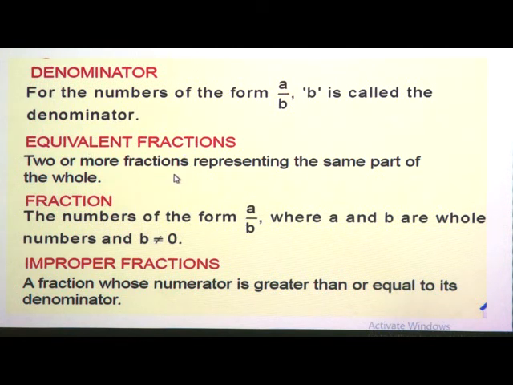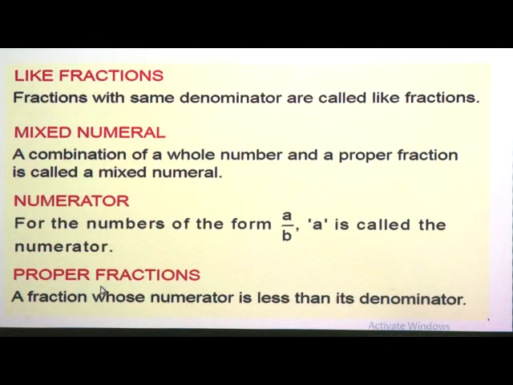Two or more fractions representing the same part of the whole are called equivalent fractions. Fraction. The number of the form a by b where a and b are whole numbers and b is not equal to 0. Improper fraction. A fraction whose numerator is greater than or equal to its denominator.